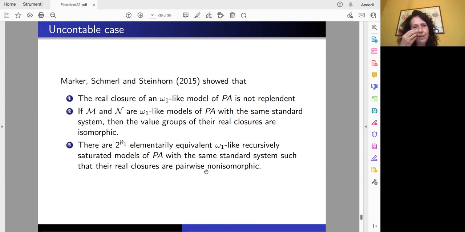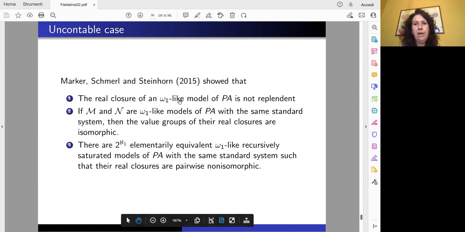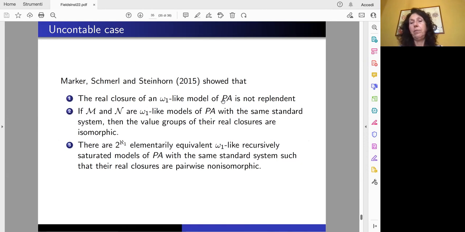Mourgues, Merle, and Steinhorn showed that the real closure of an omega-1-like model of Peano arithmetic, an uncountable model whose initial segments are all countable, is not resplendent. They showed also that if M and N are omega-1-like models of Peano arithmetic with the same standard system, then the value groups of their real closures are isomorphic.